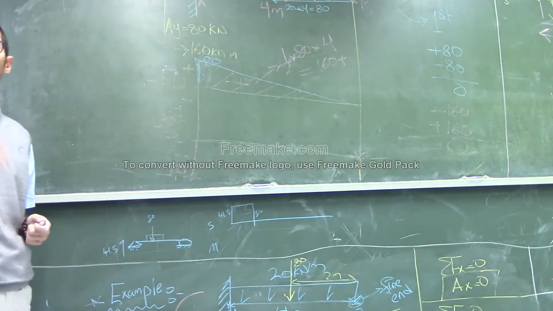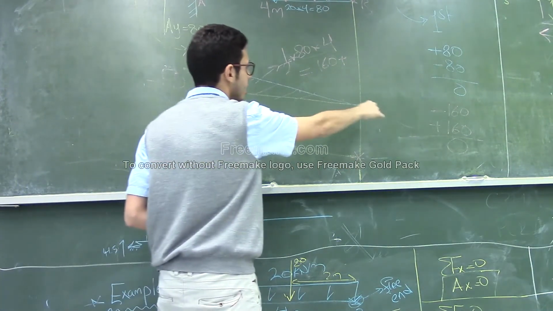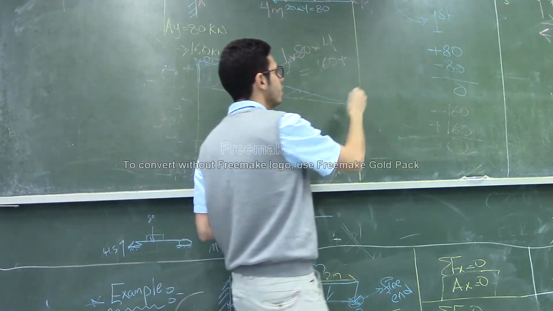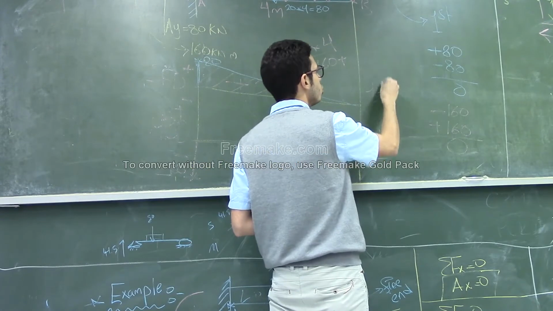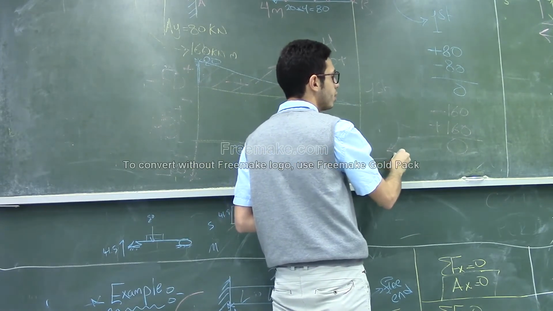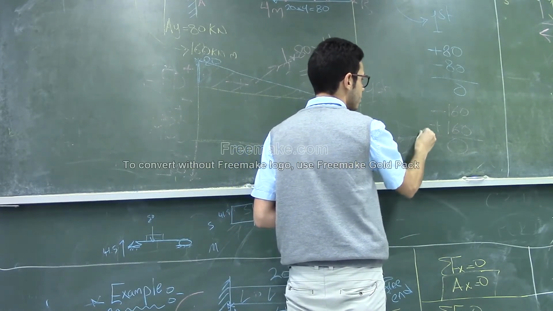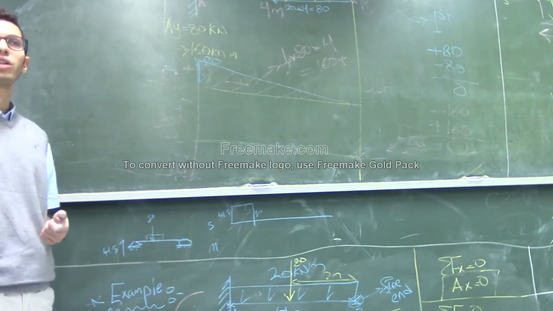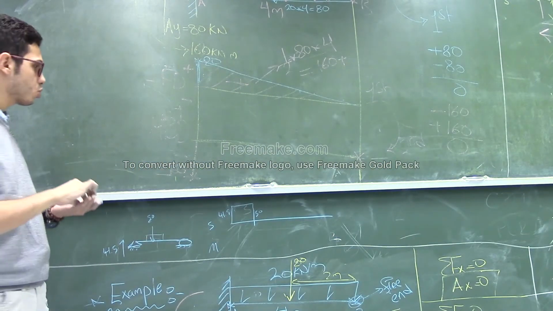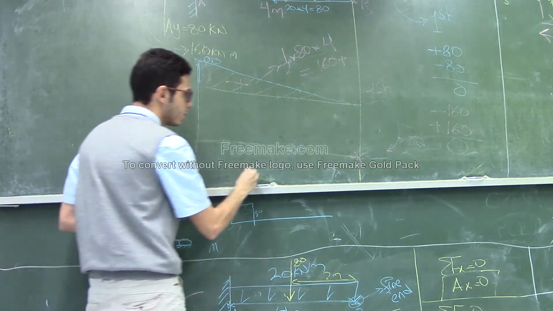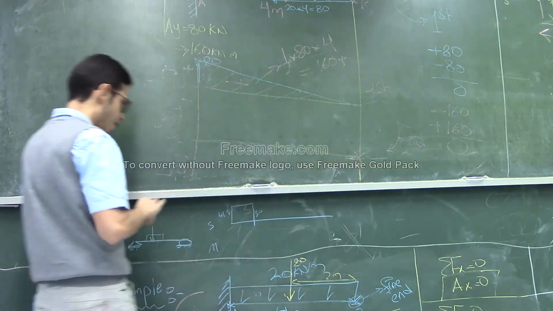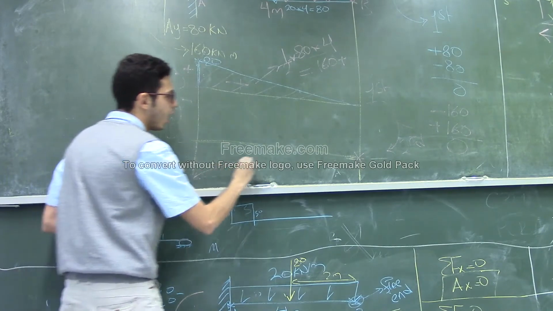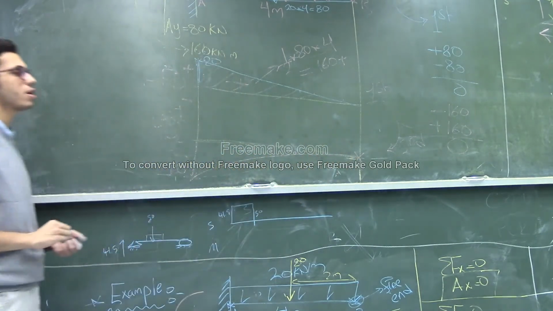Because the triangle is first degree, the moment will be second degree, which means you need a curve. Just imagine a line between 2 points and draw a curve above it. So this is the moment diagram.